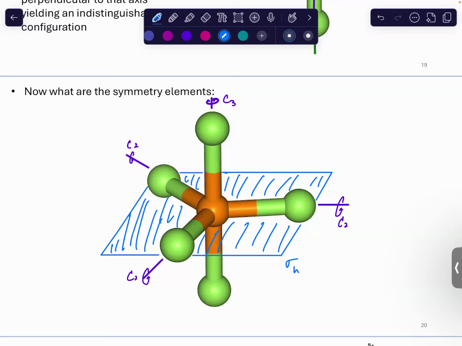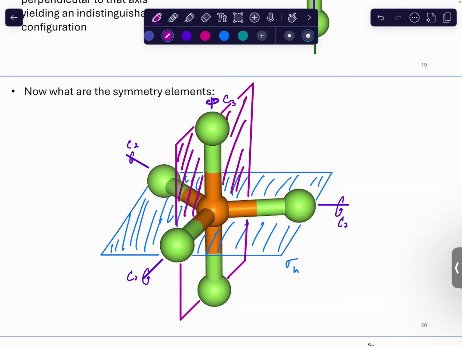Yep, going down each one of the bonds, you can get a sigma V. Okay, and so then you'll have three of those. Because you have three equivalent bonds you can do that with.